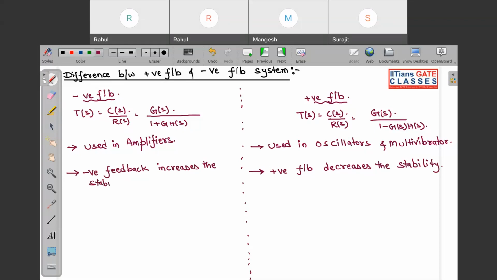This point we are going to see later on. Now this is very important. Sometimes a positive feedback circuit is also known as a regenerative circuit.